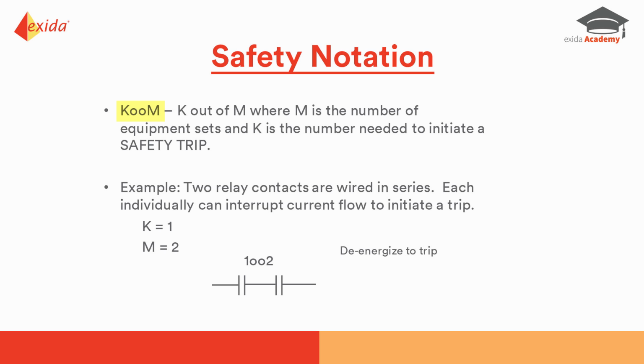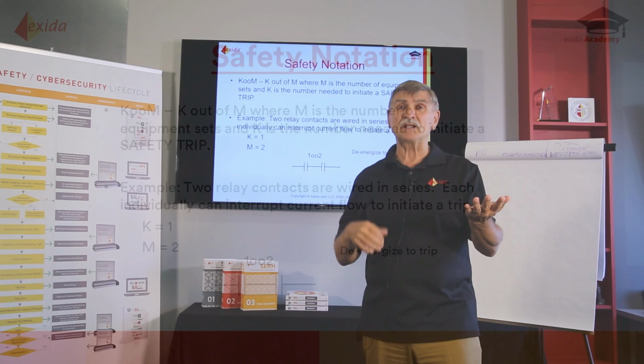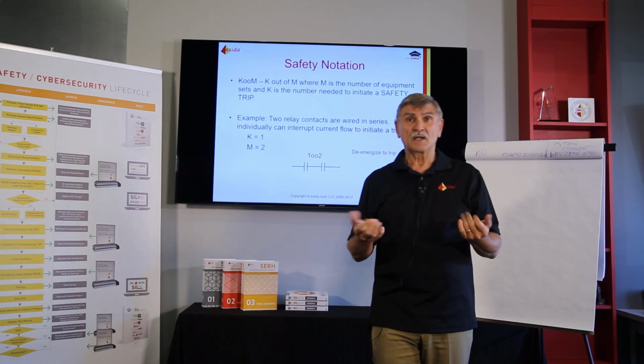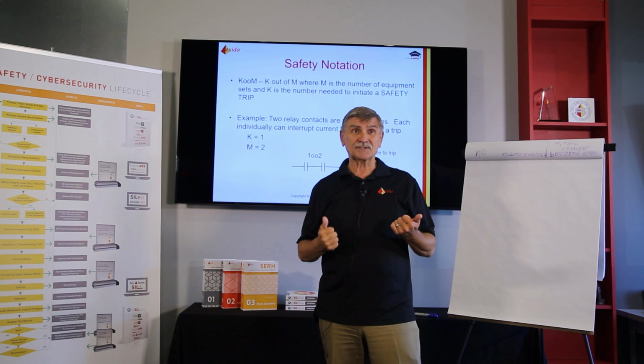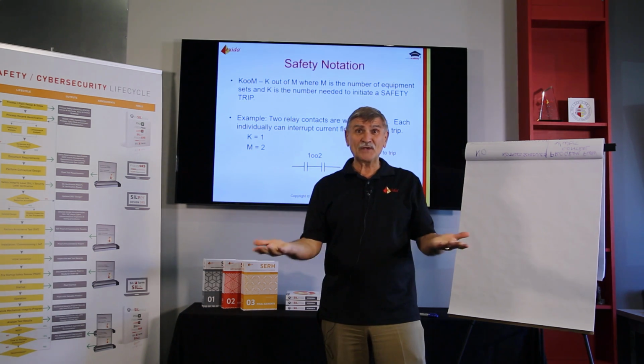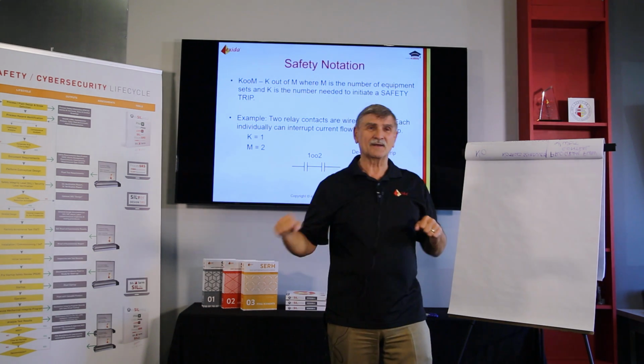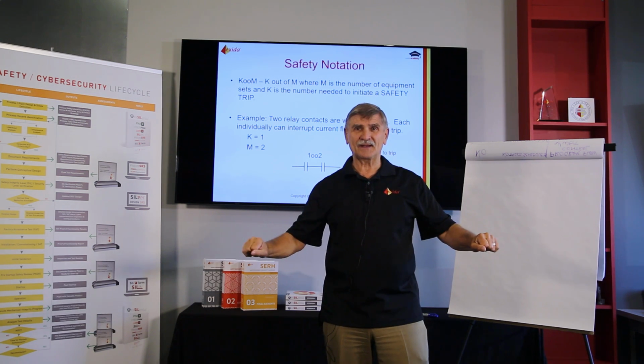KooM. M is the number of equipment sets, and K is the number of sets needed to perform the safety function. And now's a real good time to explain the difference between safety and availability. That DCS controller we just talked about, that's for availability. That's to keep things running. That's not for safety.